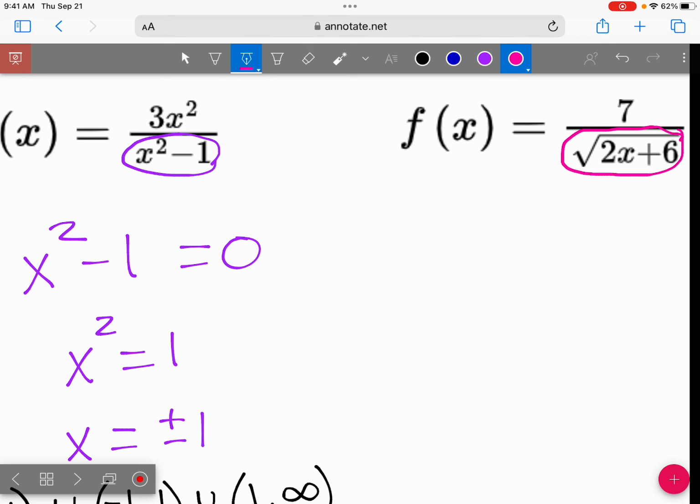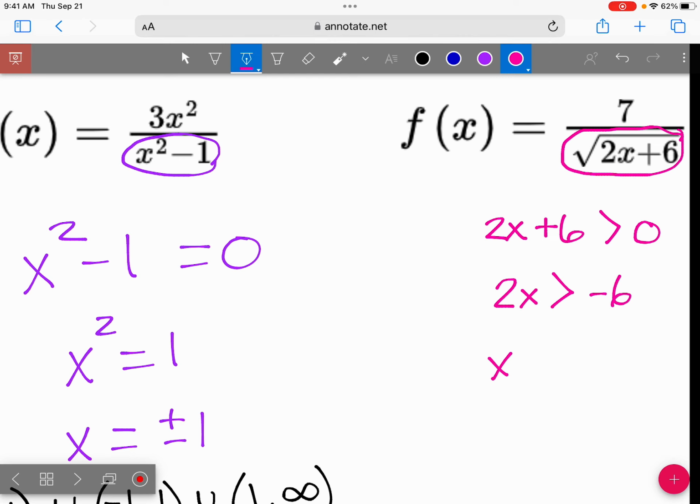So all we need to know is when is 2x plus 6 greater than 0? Because I need that chunk to not equal 0, because that's what makes my fraction gross. And I need it to not be negative, because then it makes my radical gross. So we get 2x is greater than negative 6.